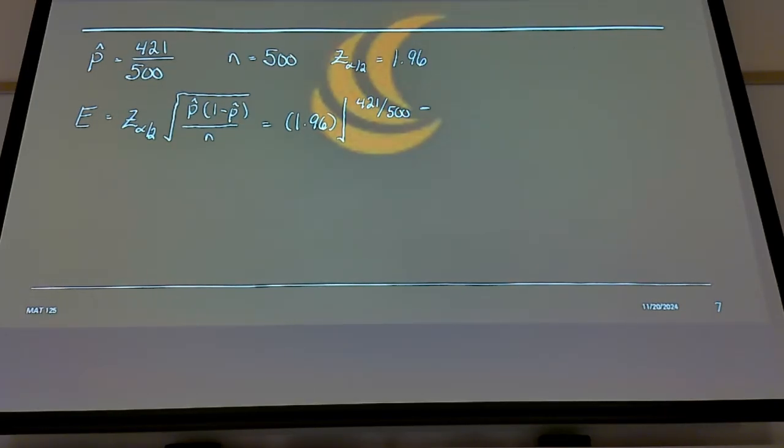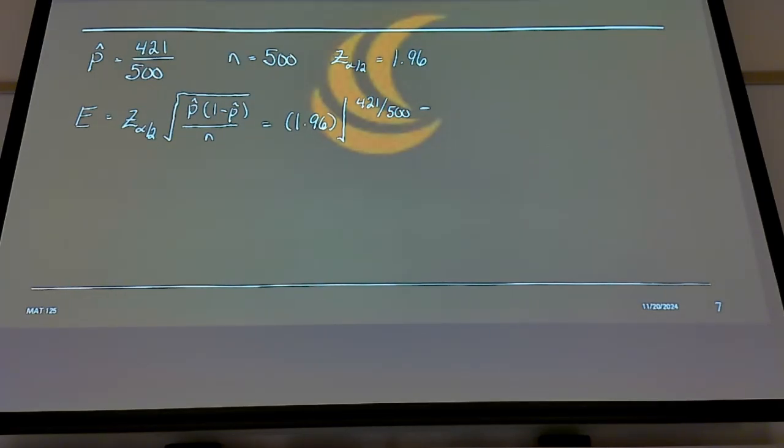Keep it as a fraction. You forgot that it's a fraction.